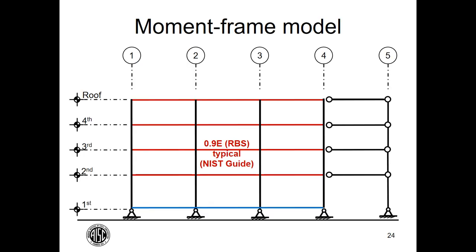So this is the frame model that we discussed already in live session 2. We have, based on the tech brief published by NIST, National Institute of Standards and Technology, a tech brief on seismic design of special steel moment frames or steel special moment frames.